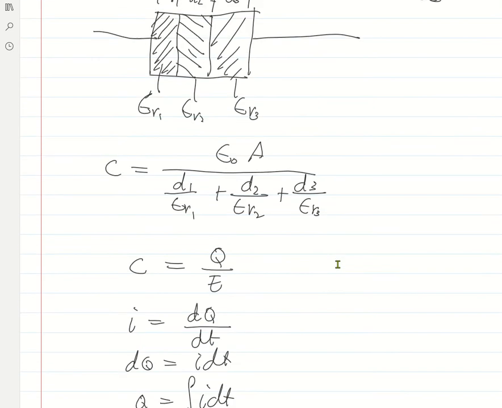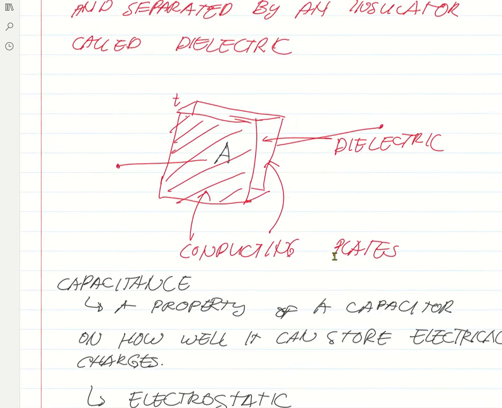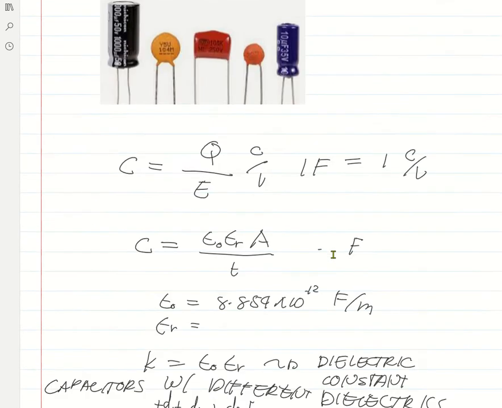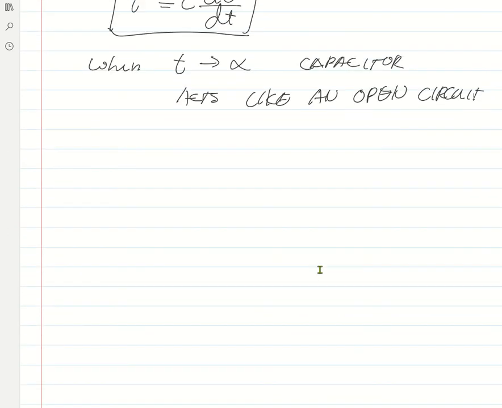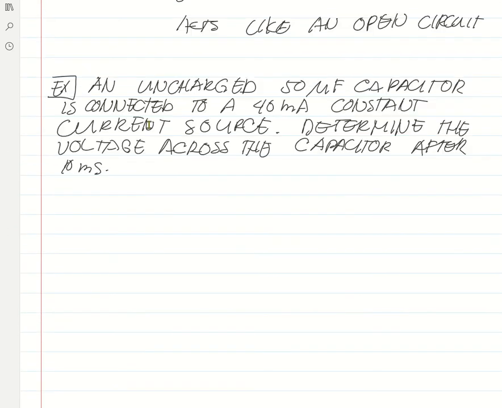Okay? So this is capacitor and capacitance. Then let's take an example. An uncharged 50 microfarad capacitor is connected to a 40 milliamp constant current source. Determine the voltage across the capacitor after 10 millisecond.